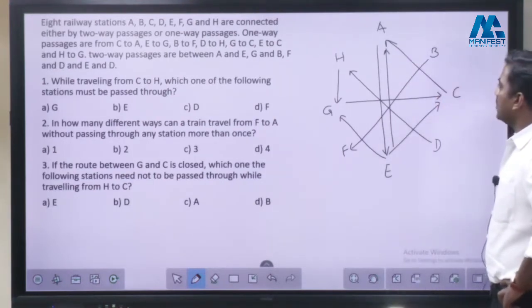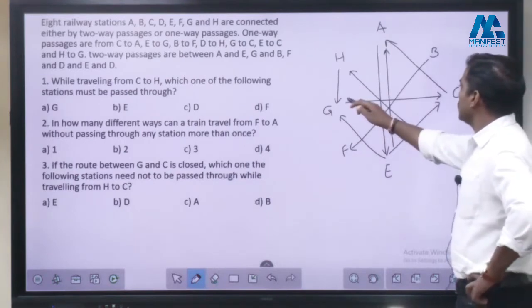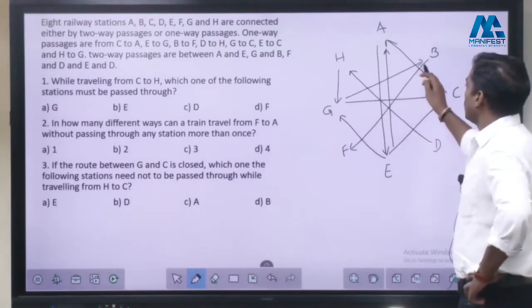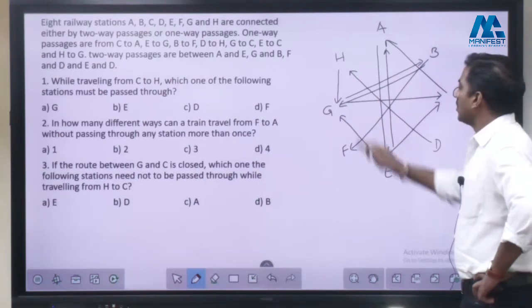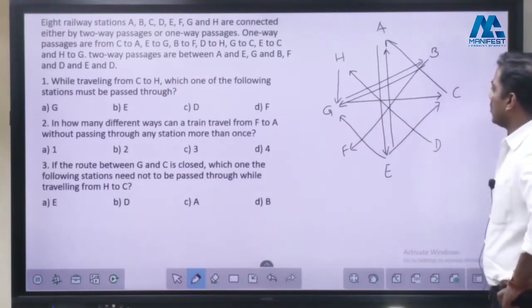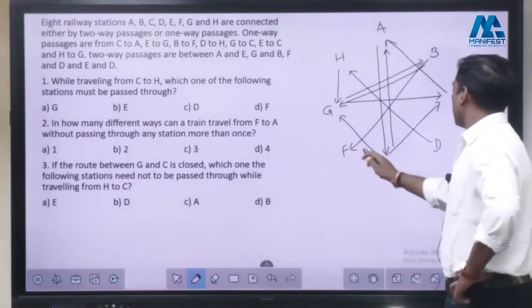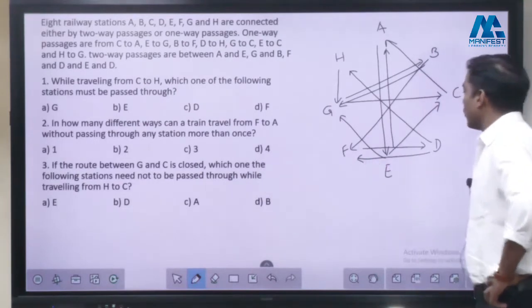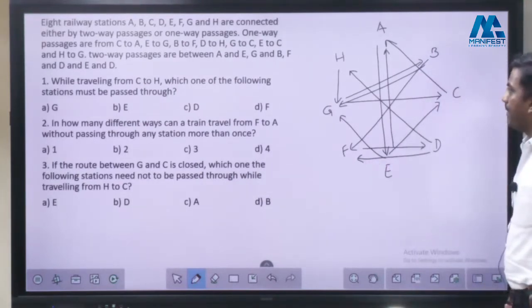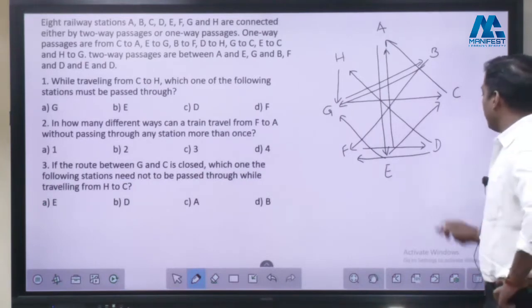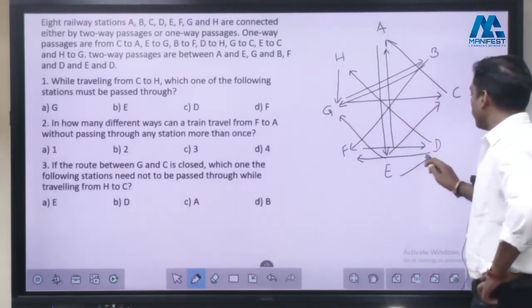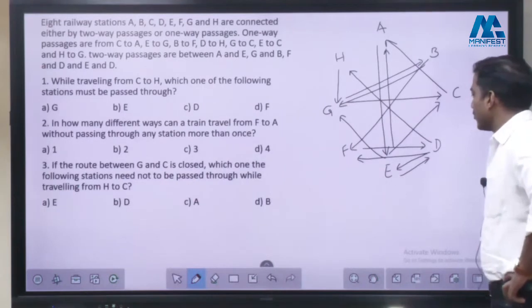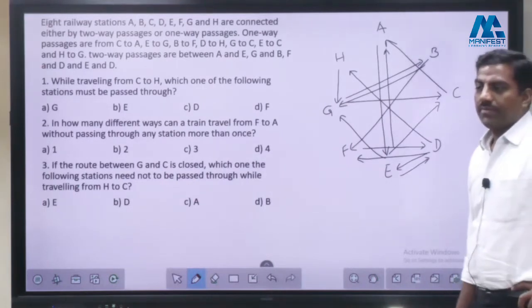Then G to B. F and D. Then E and D. Correct?